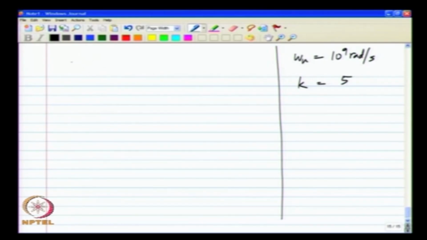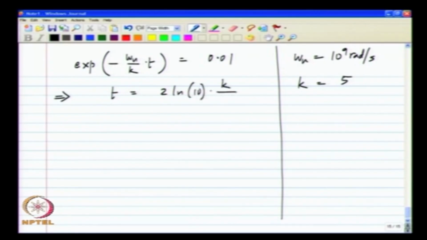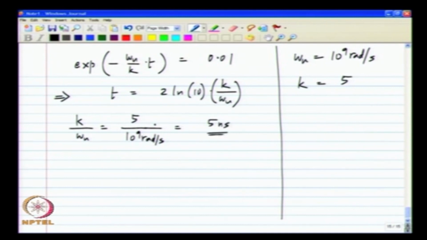So, in this case, this k by omega u turns out to be 5 by 10 to the 9 radians per second, which is equal to 5 nanoseconds.